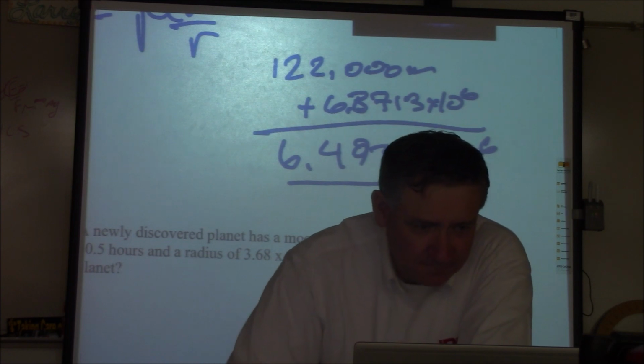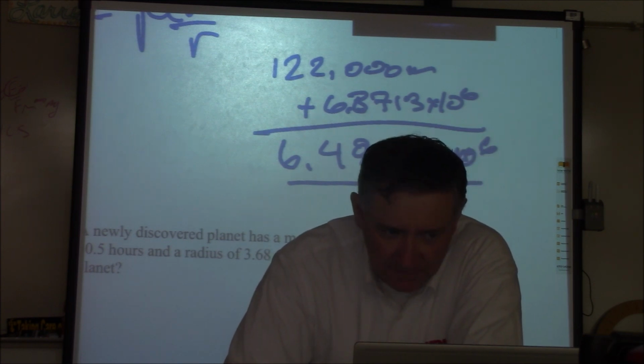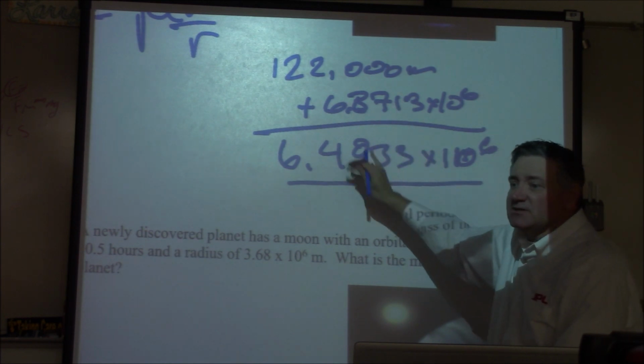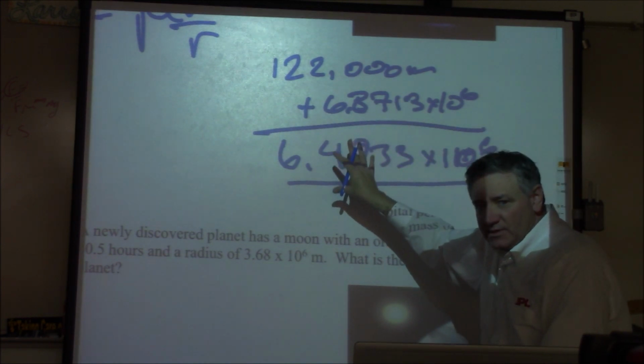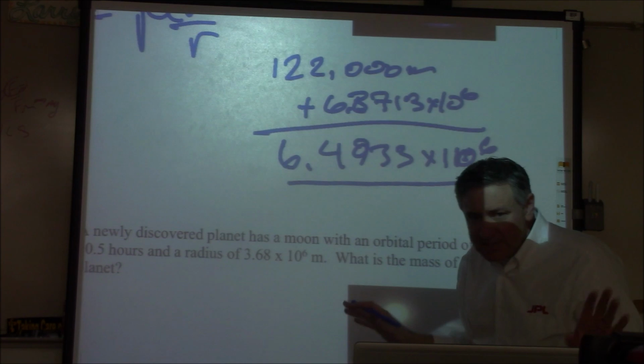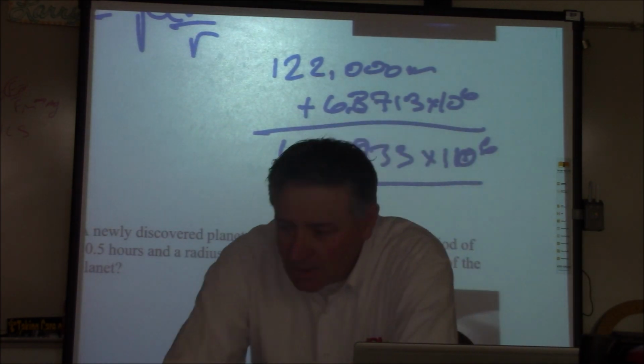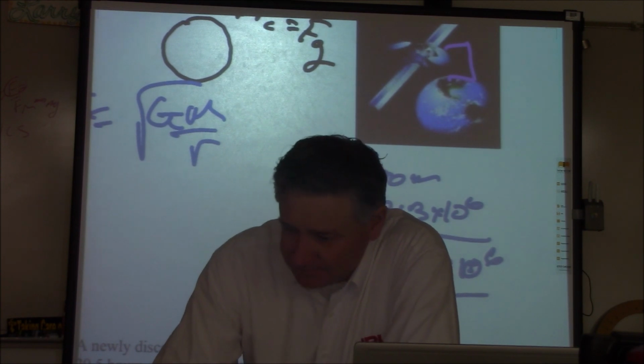Everybody cool with that? We're good. Like I said, when you're finding this radius, do not round this radius. Keep all of these digits and then round when you get to the bitter end, okay? So here's what we've got.